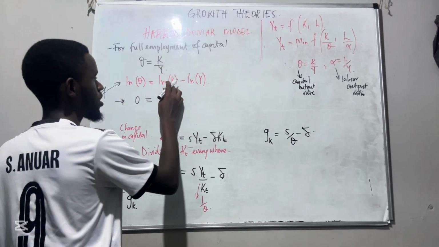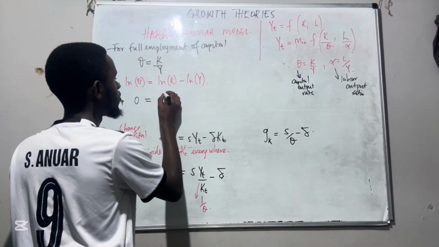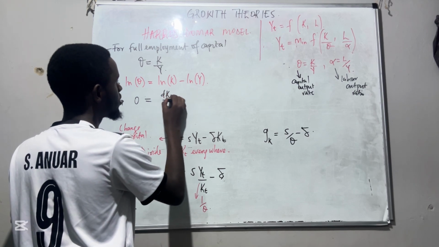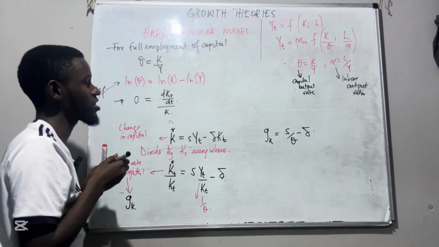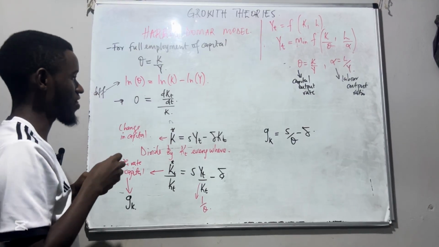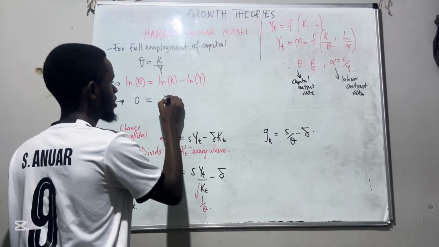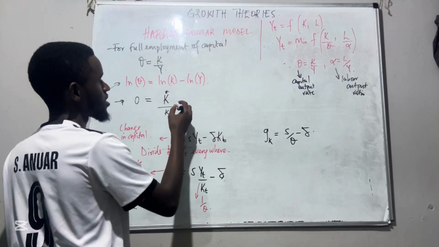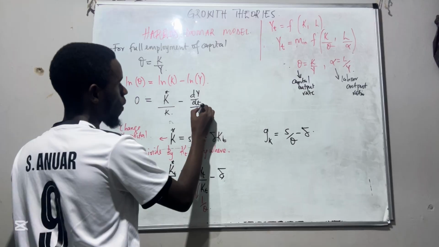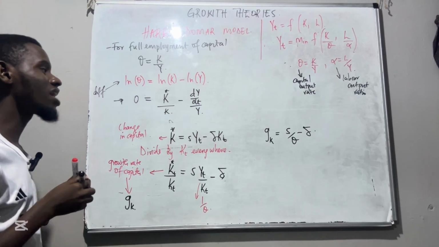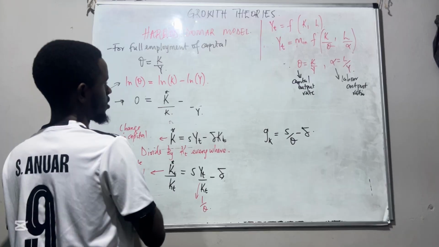Therefore, if I differentiate this one, I'll have dK(t)/dt, then divide by K. But remember, we said that dK/dt is the same as K star. Then minus dY/dt over Y, and dY/dt I can also write as Y star.